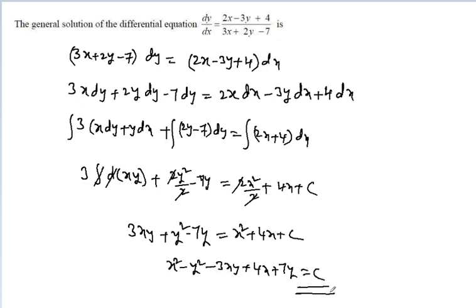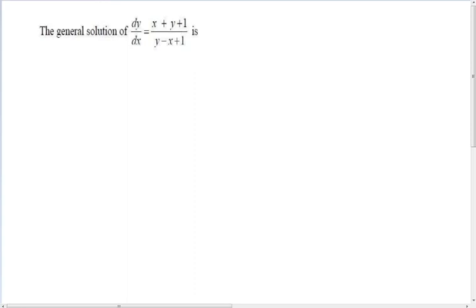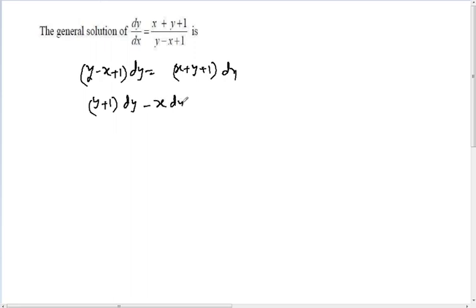This is the general solution of the general solution of dy by dx is equal to (x + y + 1)/(y - x + 1). Take cross multiplication, that is (y - x + 1) into dy is equal to (x + y + 1) into dx. This is (y + 1) into dy minus x dy is equal to (x + 1) into dx plus y dx.